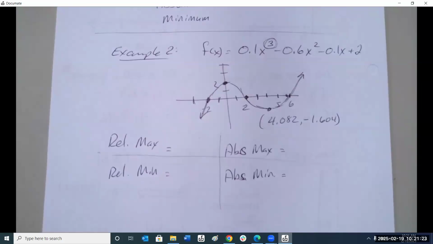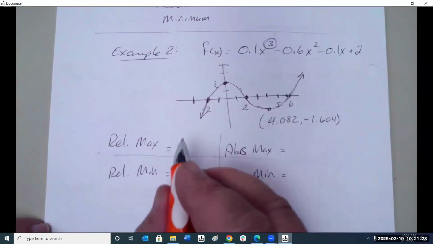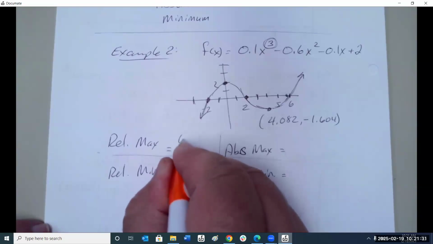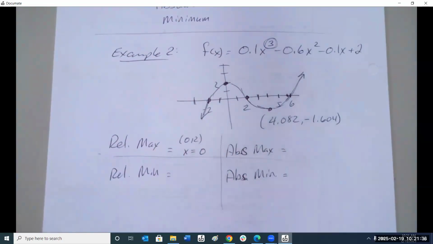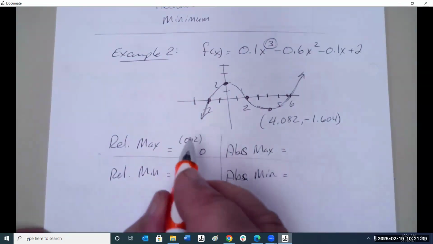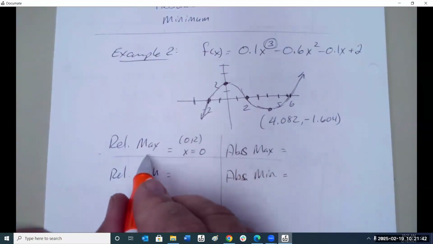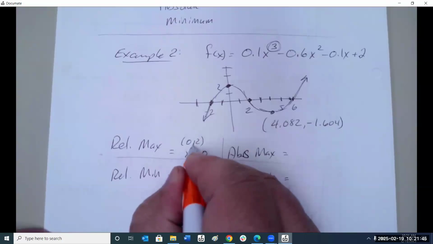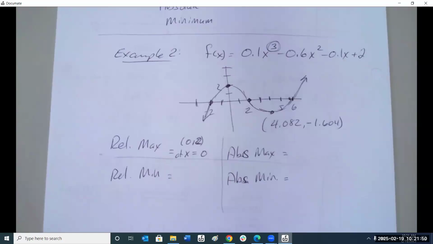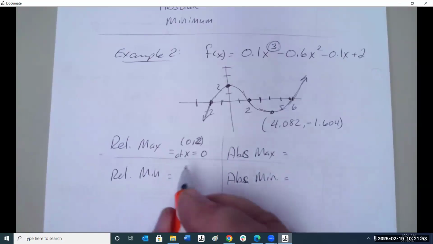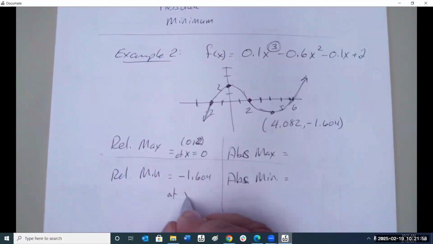Where? It's at the point (0, 2). It happens when x is 0. So the relative maximum is 2 at x equals 0. The relative minimum is negative 1.604 at x equals 4.082.